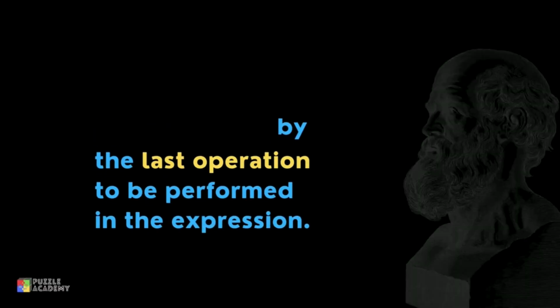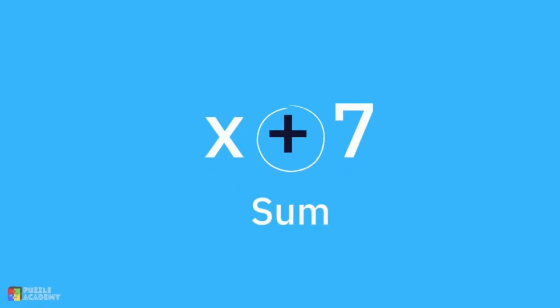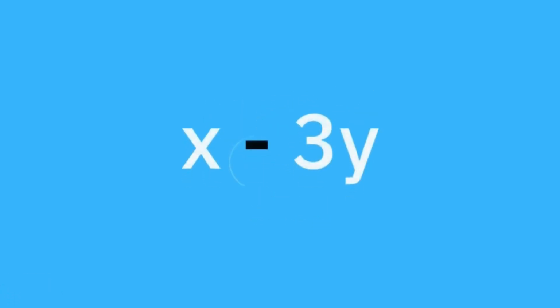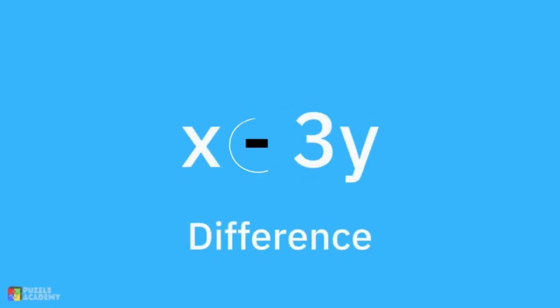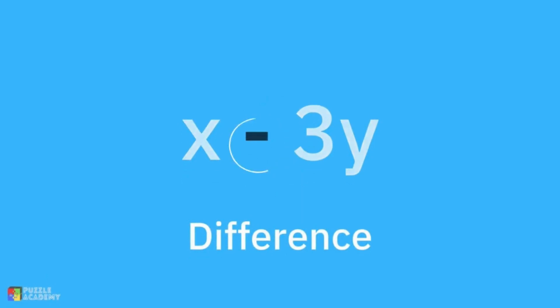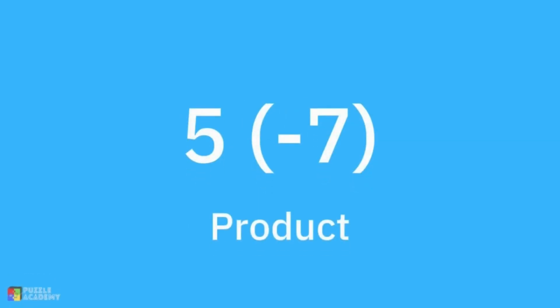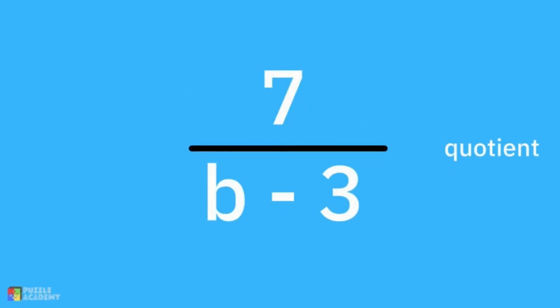For example, the expression x plus 7 is a sum because the only operation in the expression is addition. Now, the expression x minus 3y is referred to as a difference because subtraction is the last operation to be performed. The expression 5 times negative 7 is a product, while 7 over b minus 3 is a quotient.